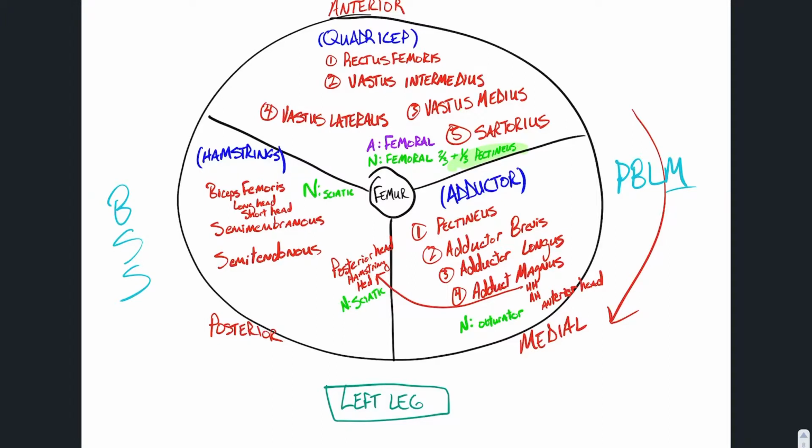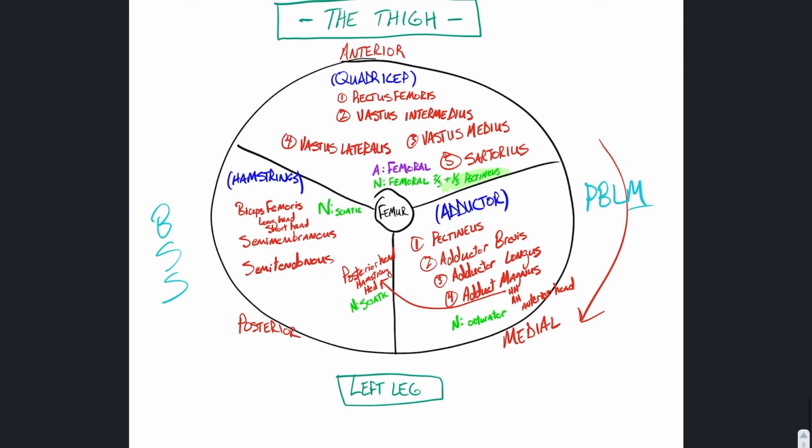Sciatic nerve, very good. And then semimembranosus, going from innermost to outermost, and then semitendinosus. So biceps femoris, semimembranosus, semitendinosus, and all innervated by the sciatic nerve. That's the overview of the thigh. And so I'm going to wrap this up, and we'll see how we did.